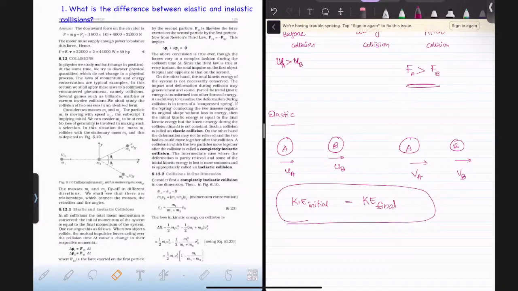So elastic collision मतलब जितना उसका kinetic energy initially था, even after the collision, this is before collision and this is after collision, even after the collision, the kinetic energy, if it doesn't change, that is known as elastic collision. Okay.